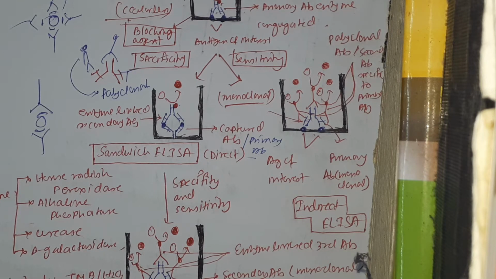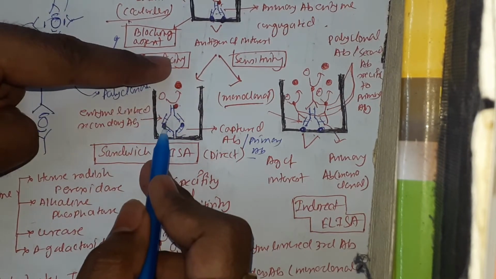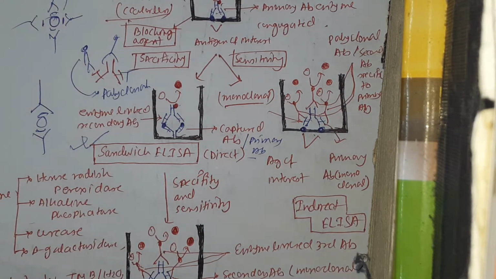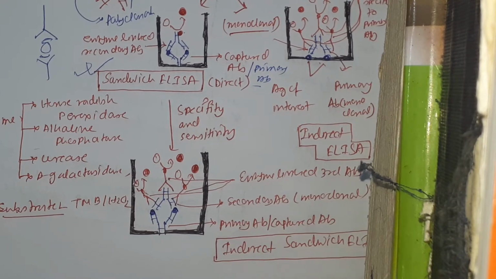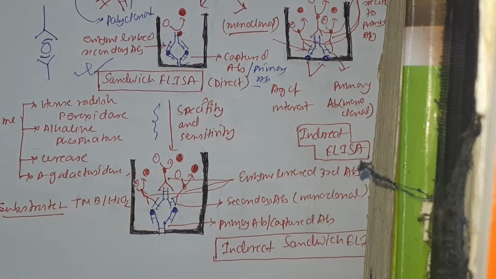So we can get rid of this with a little modification by using two antibodies. Here, as the antigen is sandwiched between the primary antibody and the secondary antibody, we call this process sandwich ELISA.